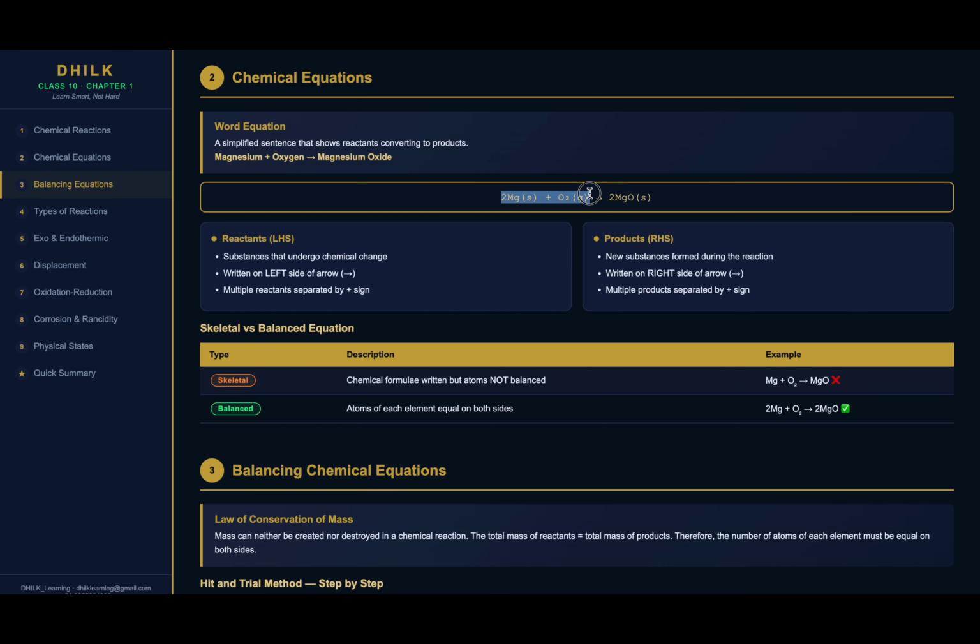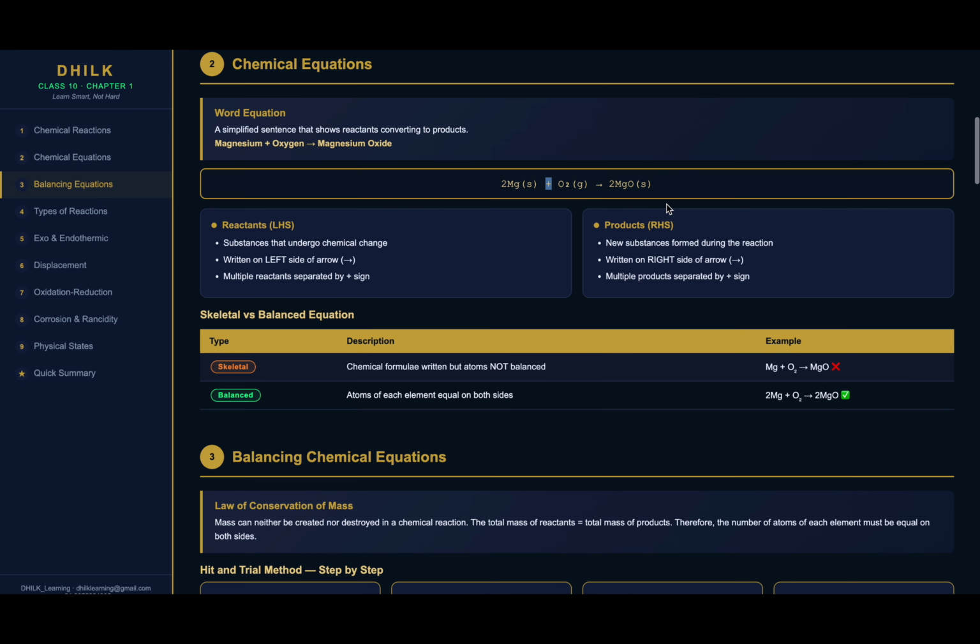What does this arrow mean? The arrow means reacts to give, or yields. And the substances on the right side of the arrow are called products. If there are two or more reactants, they are separated by a plus sign. Similarly, if there are two or more products, they are also separated by a plus sign.